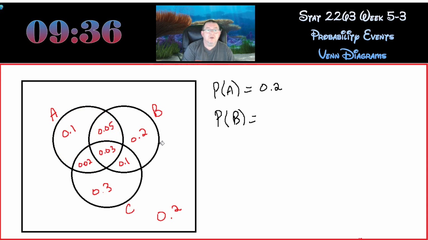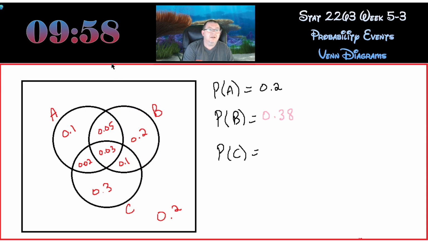The probability of B, well, let's fix our fill and then pick a new color. B is these 4 zones. So 0.2 and 0.1 is 0.3, and 5 and 3 is 8, so this is 0.38. And the probability of C, and again, let me undo my pink here.